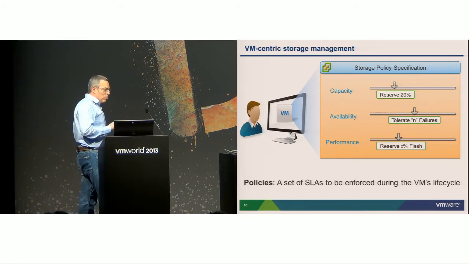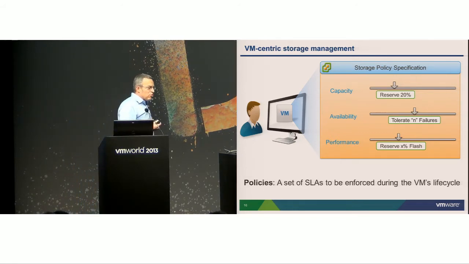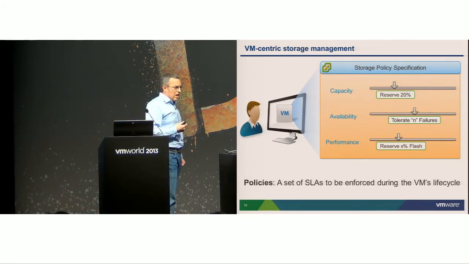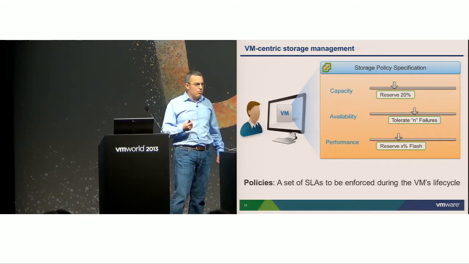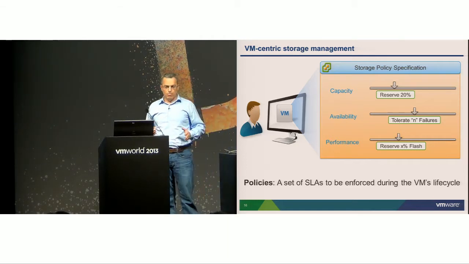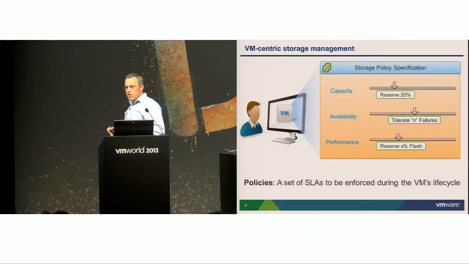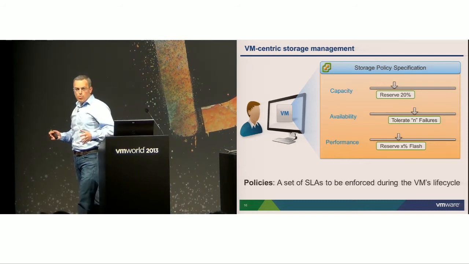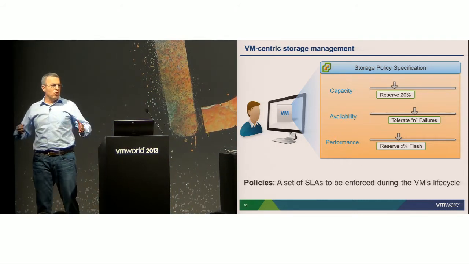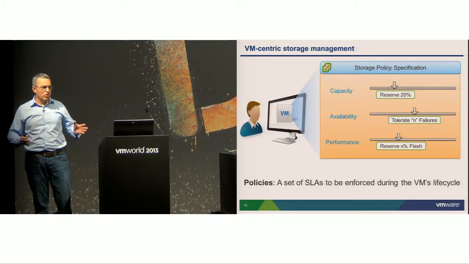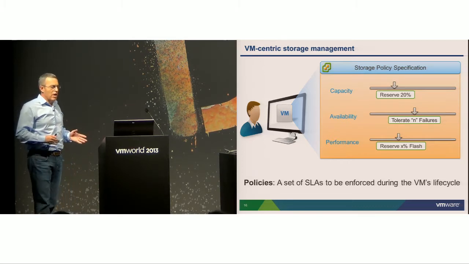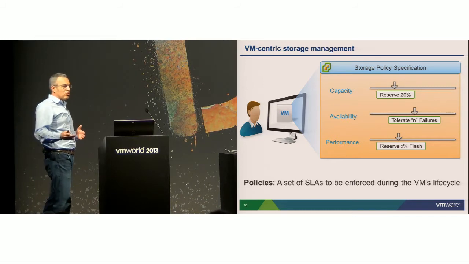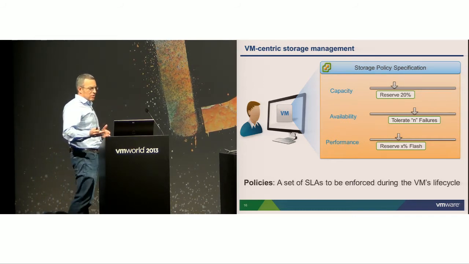Those policies capture quality of service properties, such as thick or thin provisioning, and anything in between. They capture availability properties. I want to be able to tolerate up to 2 failures, whether those are host, disk, or network failures. And we interpret those things into number of replicas we create in the system.